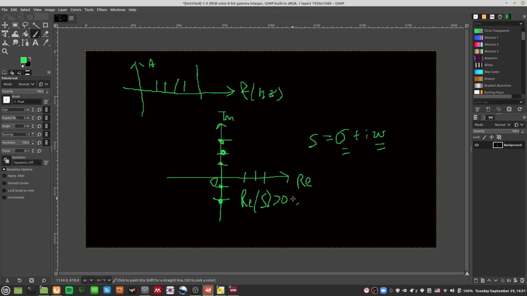Alright, what happens here? If the real part of s is positive, then you'll have e to the at, right? e to the at. So this is increasing. If the real part of s is negative, then you will have e to the minus at. So this is sort of some intuition you will get, right?